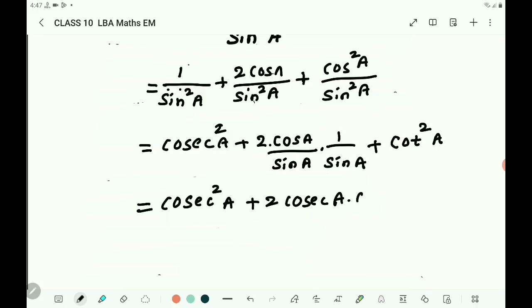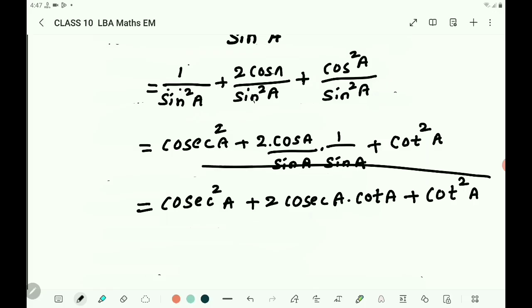Cosec A into cot A plus cot square A. Here you got it in the form a square plus 2ab plus b square. This is a square, a is cosec, plus 2ab plus b square.